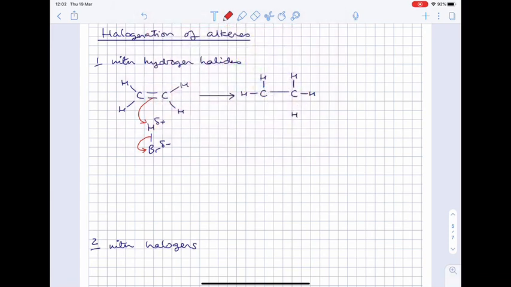I'm going to use red to show that this bond here is this pair of electrons that has moved from the space between the two carbons to a space between one of the carbons, in fact this one, and this hydrogen. So it's now here. So there's the bond.